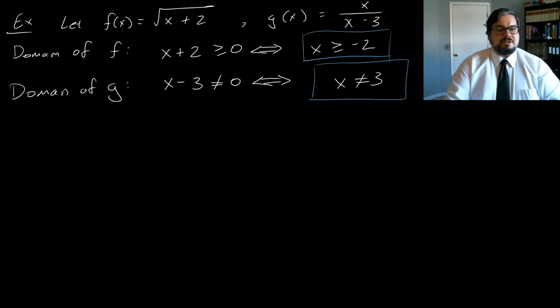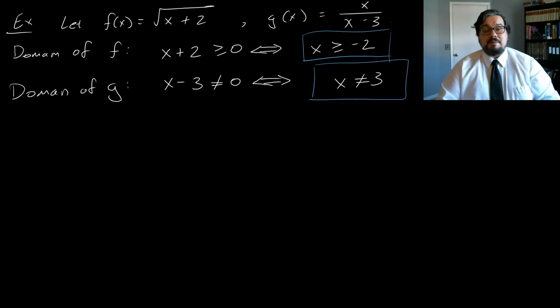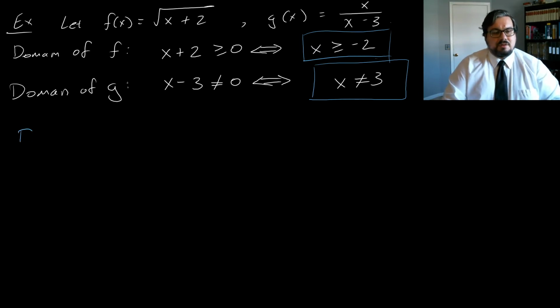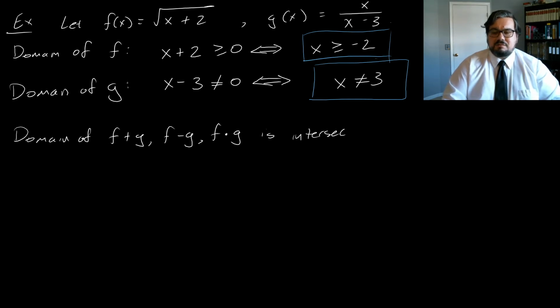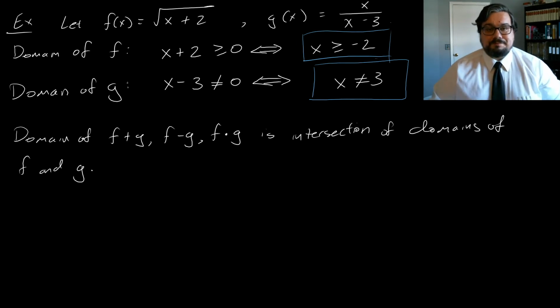So we got this information here. Now we can find the domains of f plus g, f minus g, and f times g all at the same time because they all have exactly the same domain. So the domain of f plus g, f minus g, and f times g is the intersection of the domains of f and g, meaning it's the set of all points that are in the domain of f and in the domain of g.